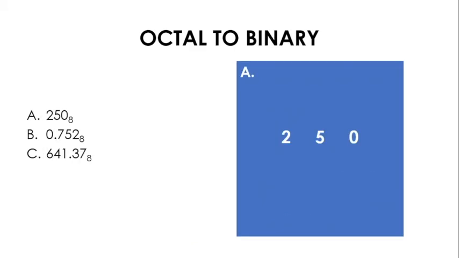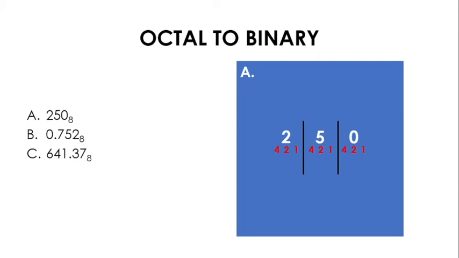For the next topic, we'll be converting octal numbers to binary. For the first example, we have 250 octal. In order to convert an octal number to binary, all you have to do is represent each digit with 3 bits having a value of 4, 2, 1 respectively from left to right.